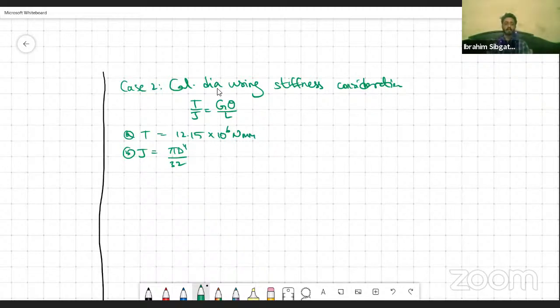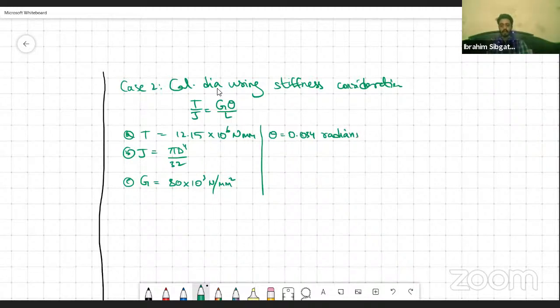Let's just leave J as it is. Next is G. And what is G? It was 80 into 10 power 3 Newton per mm square. Alright. Next is theta. So theta we have derived in the given step itself from before we started step 1. So it was 0.034 radians.